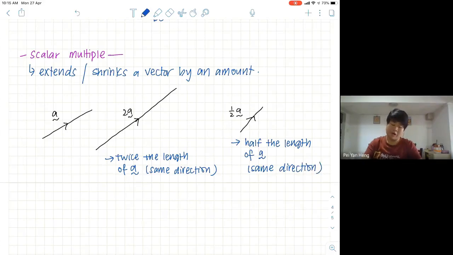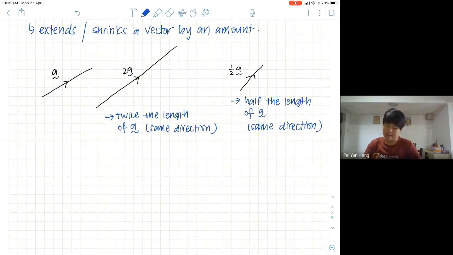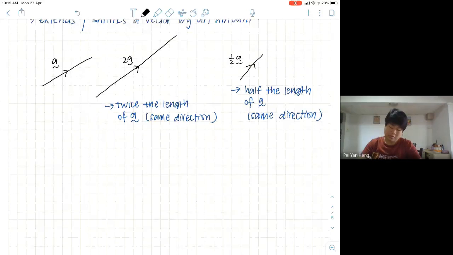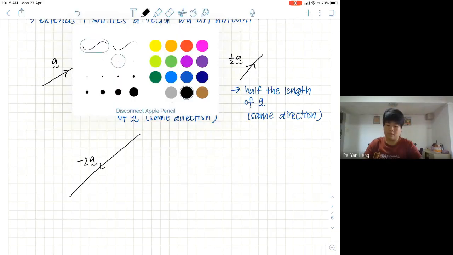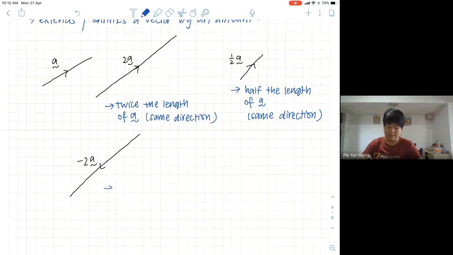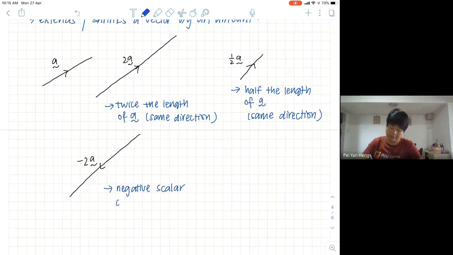Can we have a different direction with different length? Yes. If we have this, and I put it like that, this is minus 2A. So a negative scalar changes the direction and length.